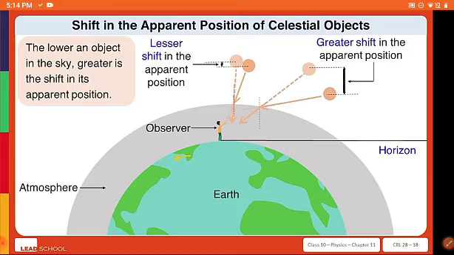Therefore, the light from an object lower in the sky bends more and its apparent position shifts higher up, while the light from an object higher in the sky does not bend as much and hence its apparent position does not shift as much. Hence, the lower an object is in the sky, the greater is the shift in its apparent position.